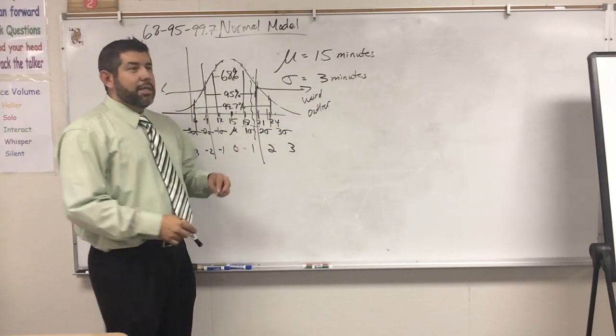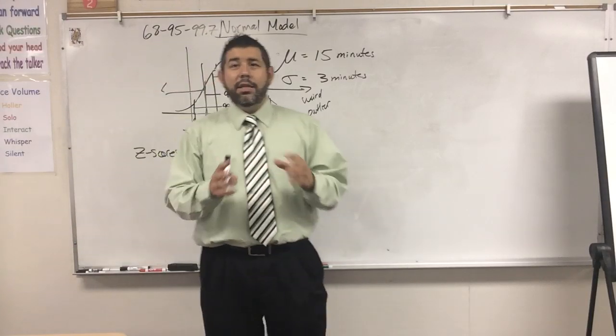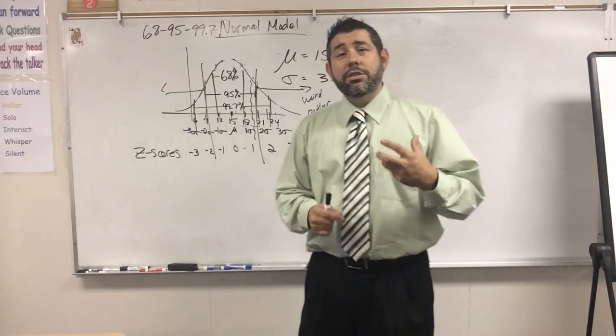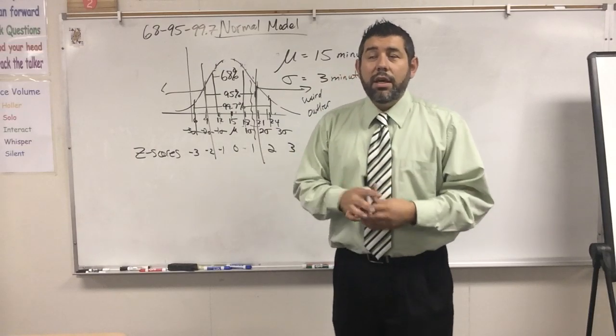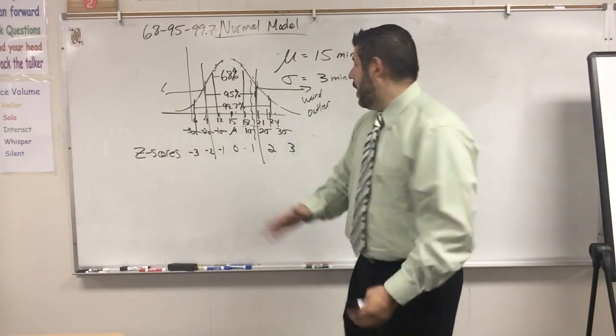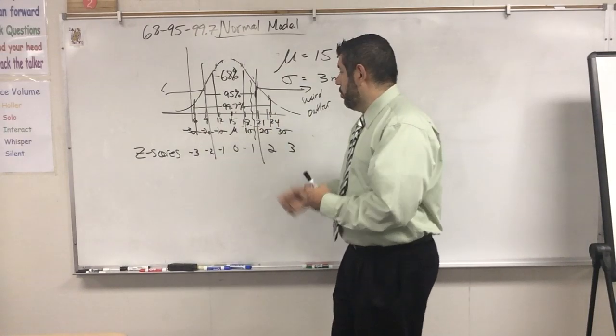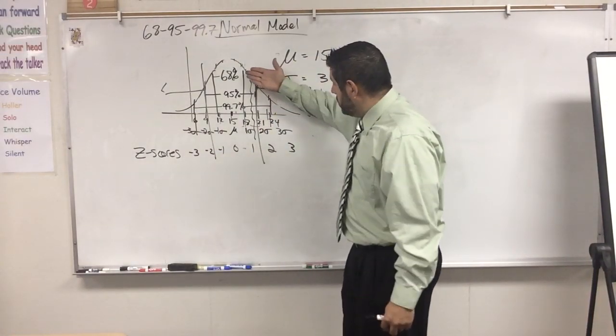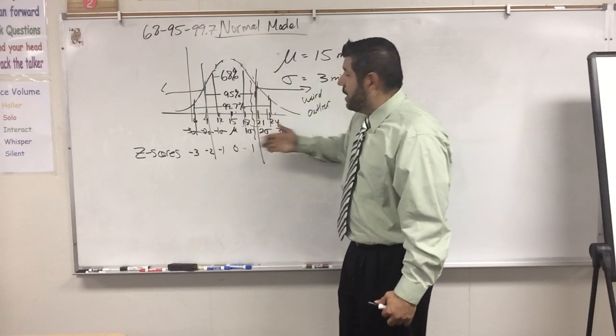Okay, so let's kind of sum up the whole thing. In the next video I'm going to do a few problems that we would see in an AP Stats class, where we would use the normal model to maybe find a percentile. Maybe we're looking for a Z-score associated with 98%.